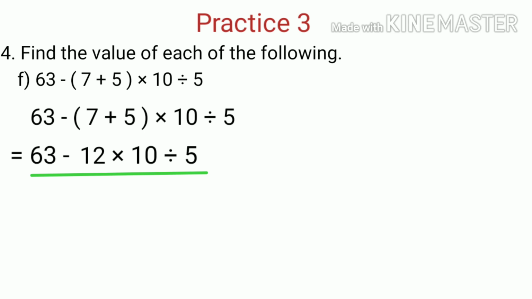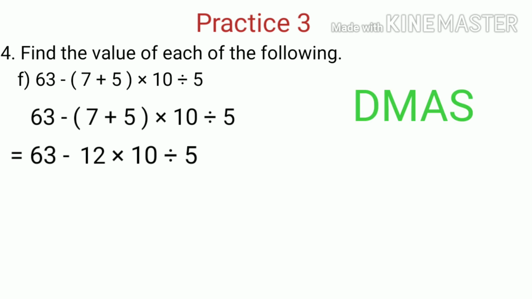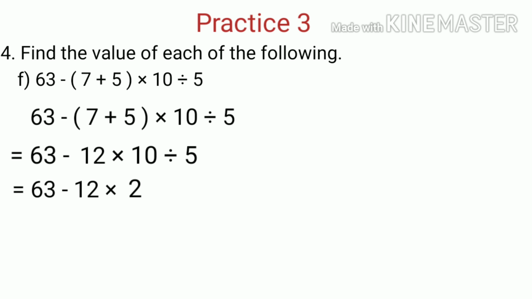And this expression involves subtraction, multiplication and division. Now we can use the DMAS rule. According to the DMAS rule, division should be carried out first. So now we will divide 10 by 5. When we divide 10 by 5, we get 2. So the expression becomes 63 minus 12 into 2.